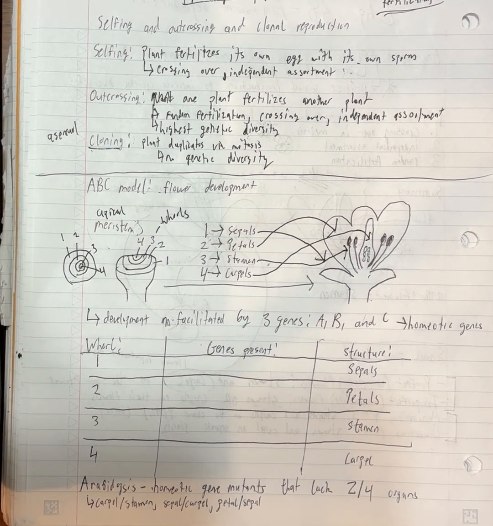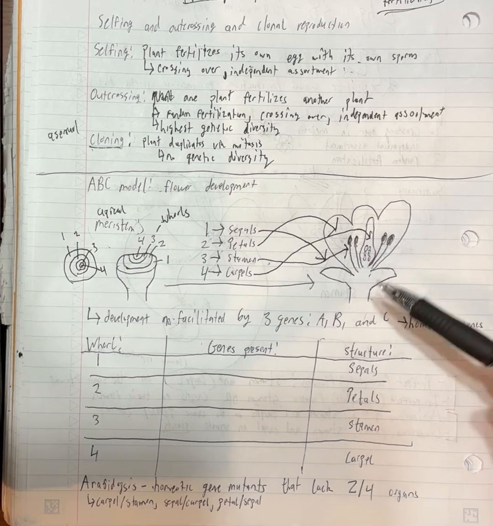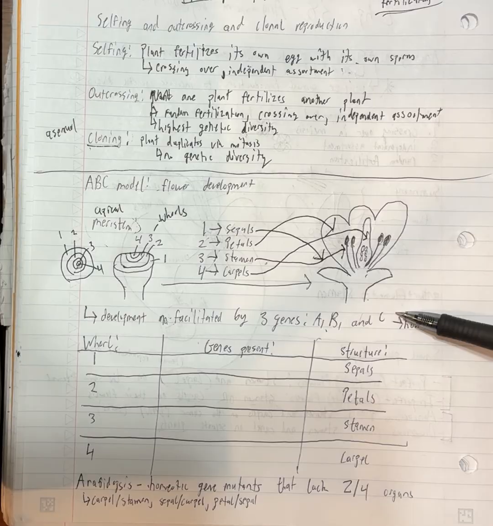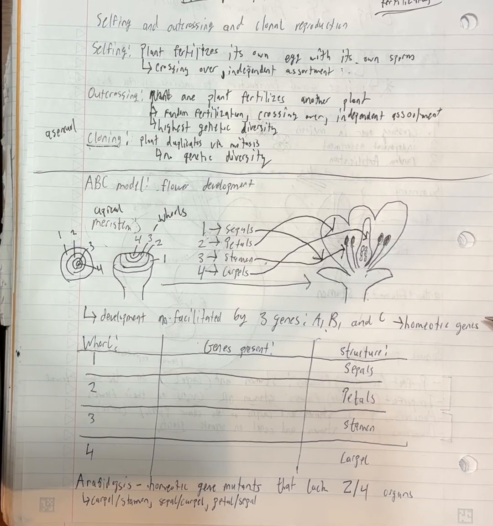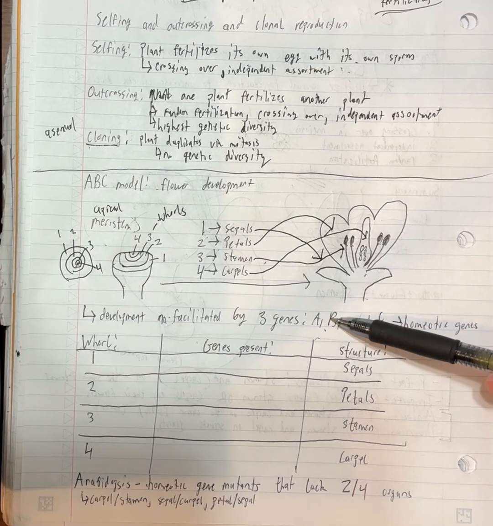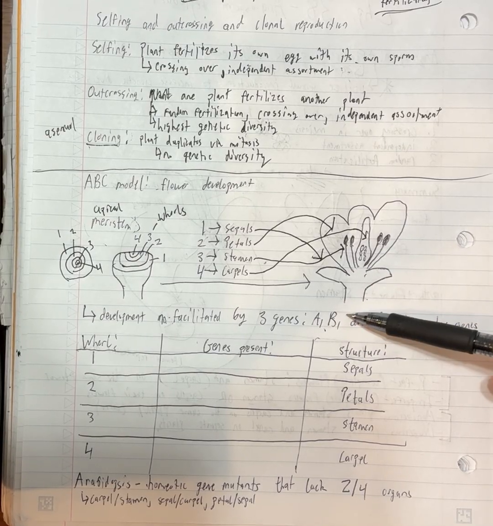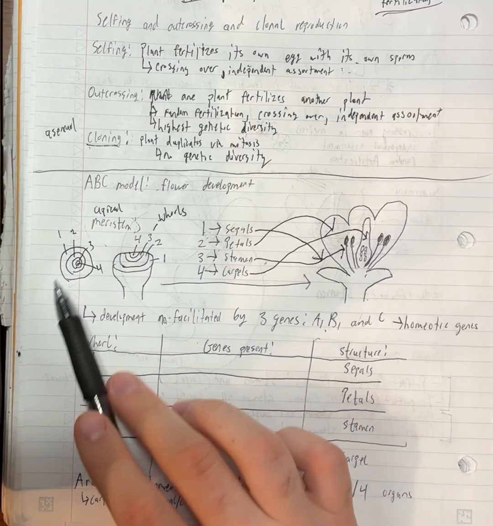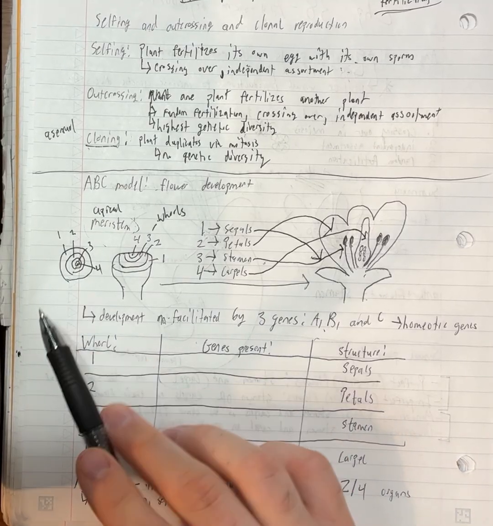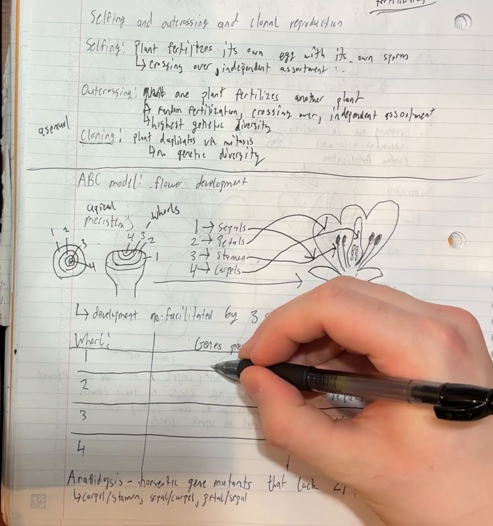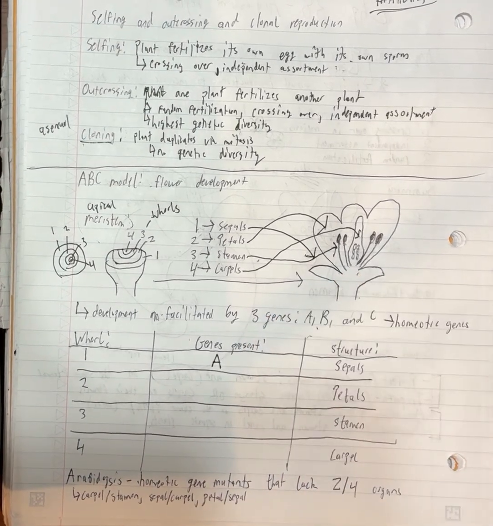So this model is contingent on 3 genes, and we call them gene A, gene B, and gene C. And these are homeotic genes. So this means that each one of these genes, or a combination of these genes, is going to code for something very specific. And so what we can do is observe the genes that are active in each of these whorls, and we found that in the first whorl, gene A is expressed.